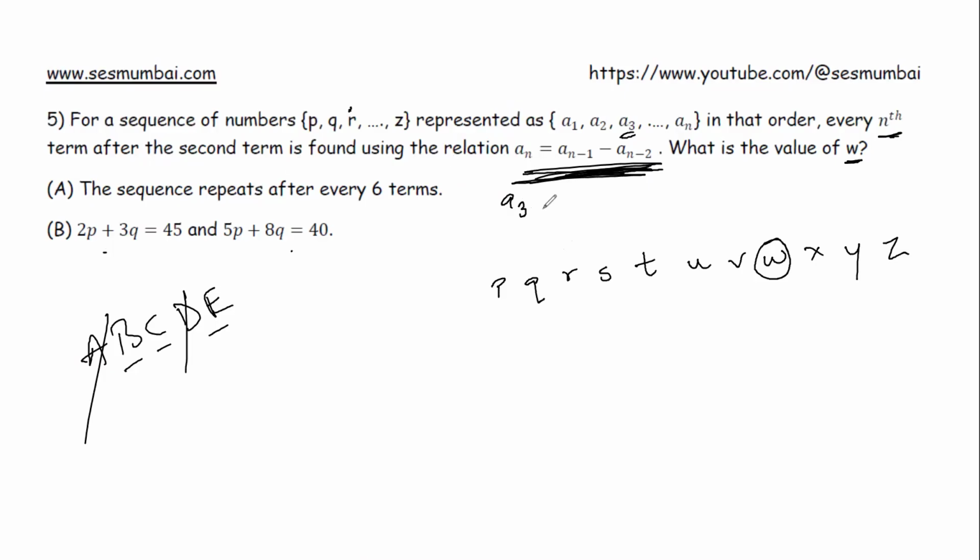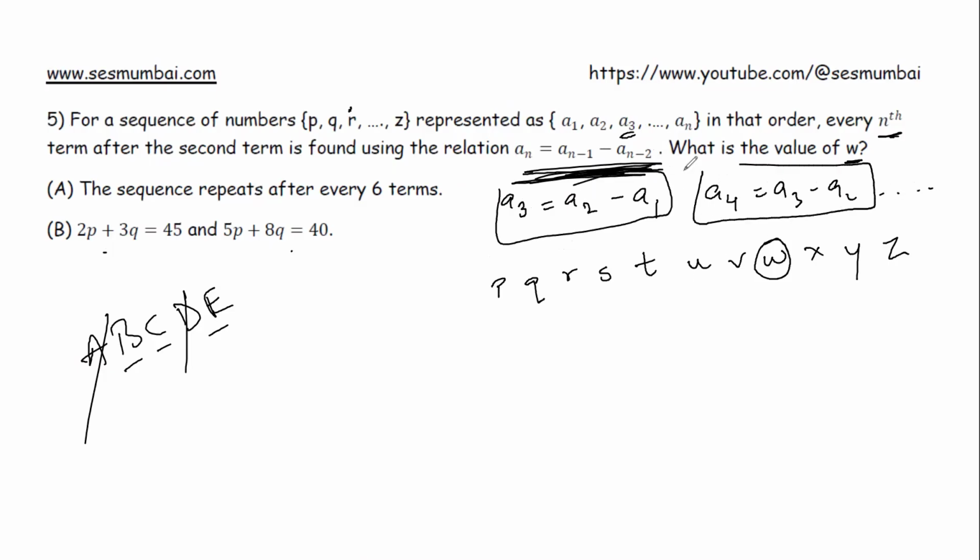So A3 is equal to A2 minus A1, A4 is A3 minus A2, and so on. Correct? Yeah. We'll work this out quickly and see what we get. Ideally, you don't need to work it out, right?